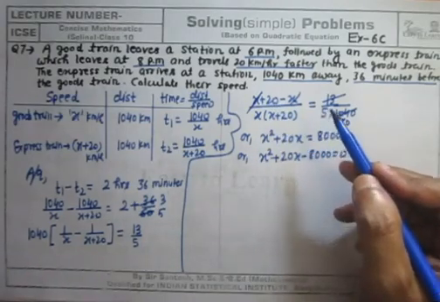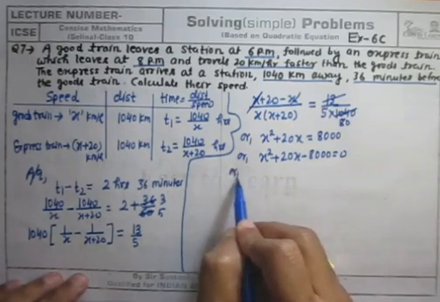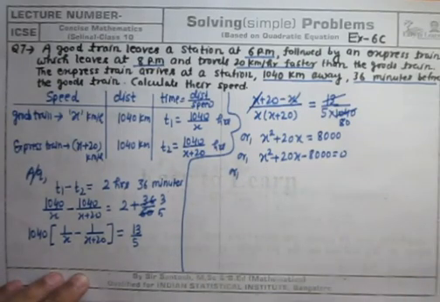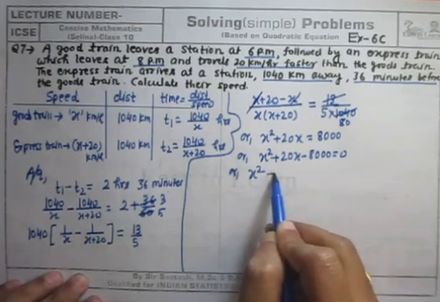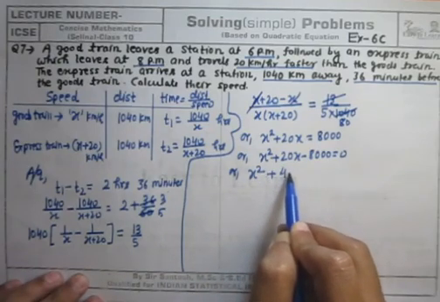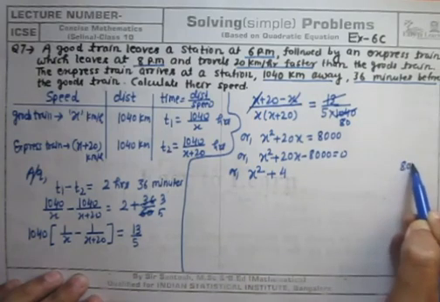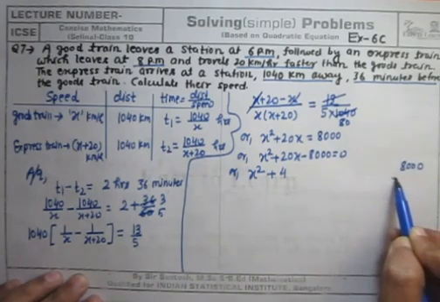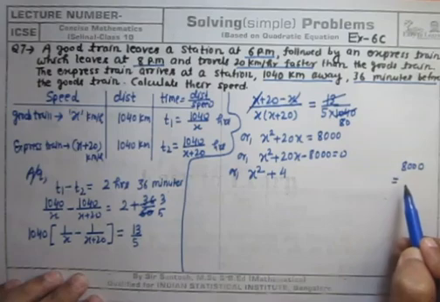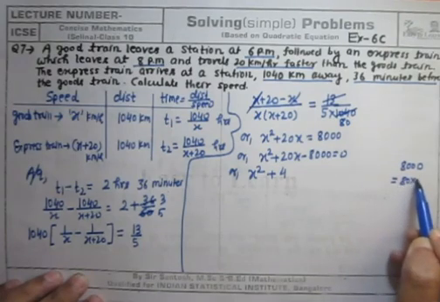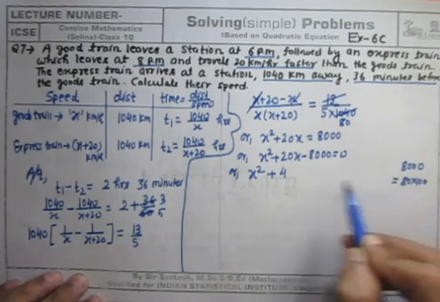Okay, 8000. Now after this it is your choice by which method you want to solve the question. Now 8000 can be written as 80 into 100, isn't it? The difference is 20.